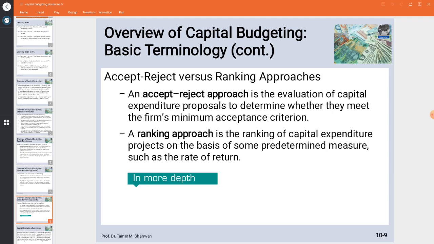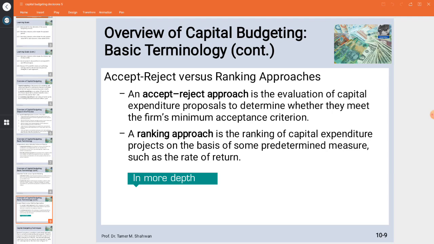By the end of the section, you must understand the meaning of a capital budgeting decision. Also, you must understand different concepts related to capital budgeting decisions, such as the accept-reject approach and the ranking approach.